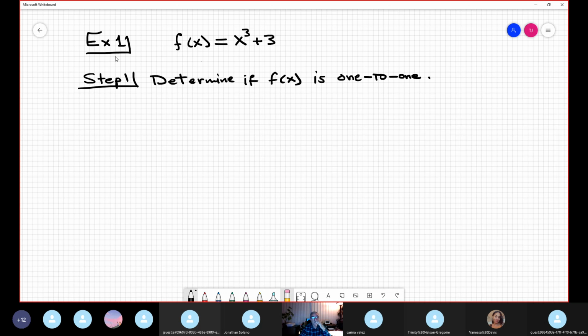And the professor explained that the only tool that we have to verify is the horizontal line test. Okay, so I need to know the graph of this.